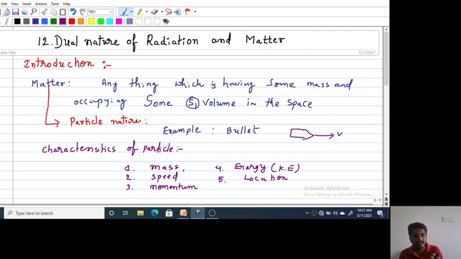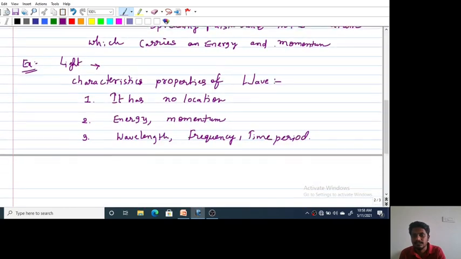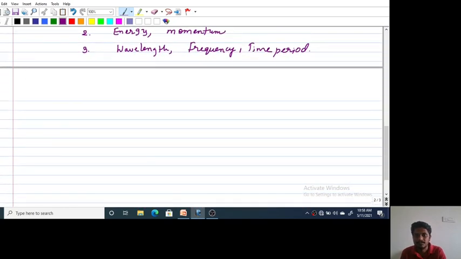Generally matter has a particle nature, but matter can also behave like a wave. The first half of the chapter will prove the particle nature of radiation. In the second half we'll discuss the wave nature of matter.